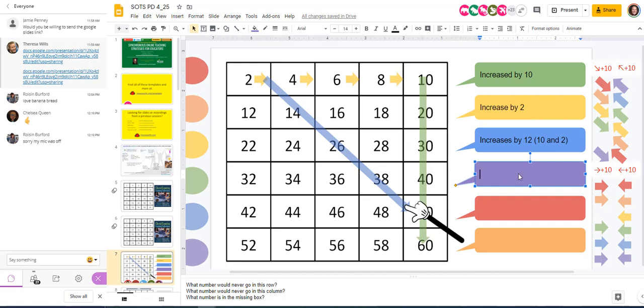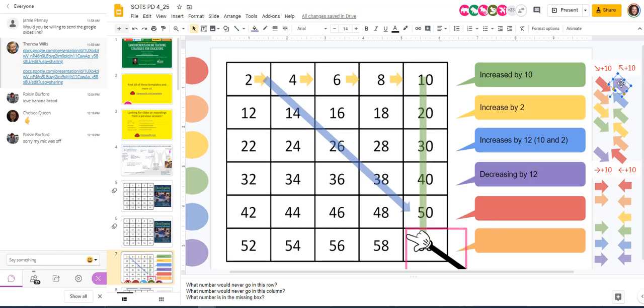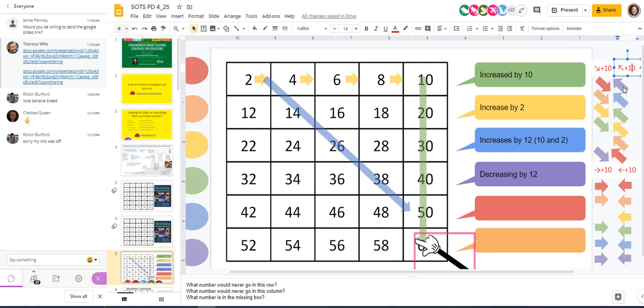Do you think you could grab that little pointer finger and show us the numbers that are decreasing by 12? So starting with 60, going back the opposite way, well, going that way. Okay, so 60 to 48, 36. Okay.